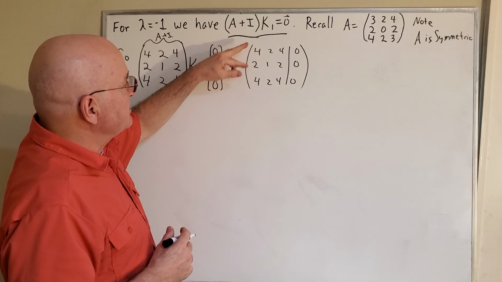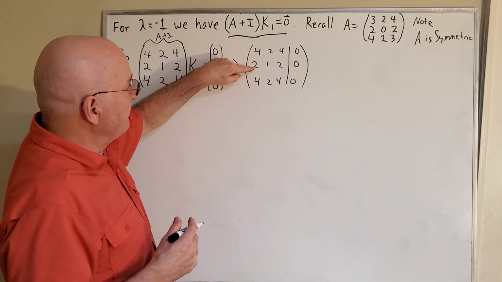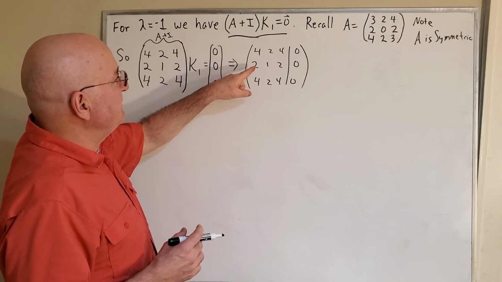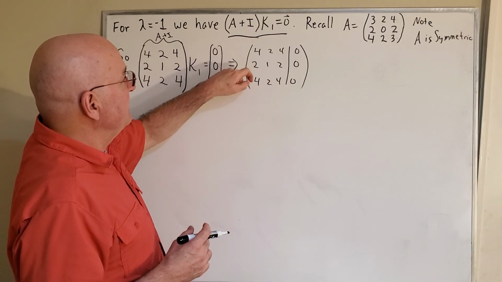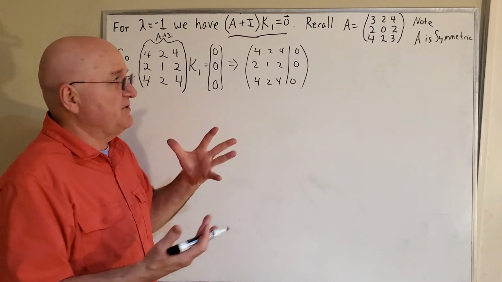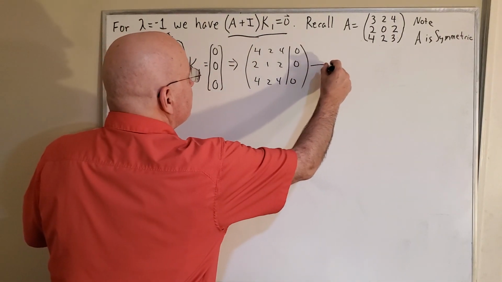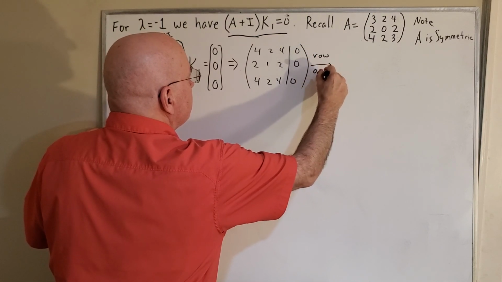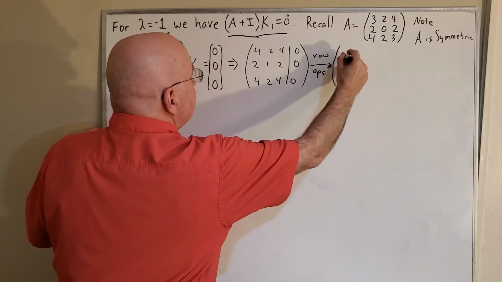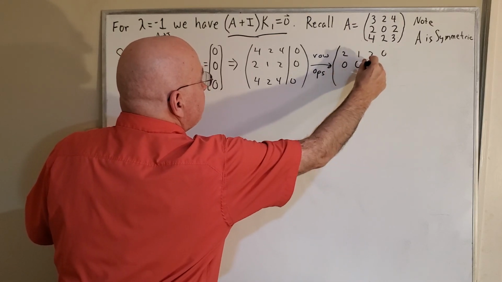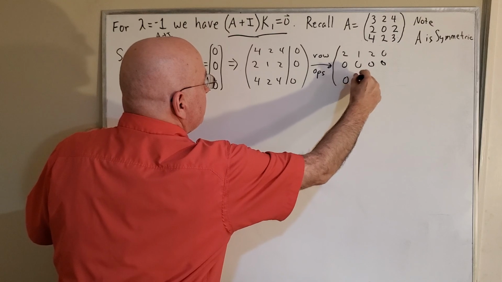I'm going to rearrange the rows, which is a valid row operation. I'm going to put the 2, 1, 2 on top. But that 2, 1, 2, if you multiply it by -2, you get -4, -2, -4, and you could add it into that row and it would turn into all zeros. So do some row operations. We did it in our head. We get 2, 1, 2, 0, and then zeros.